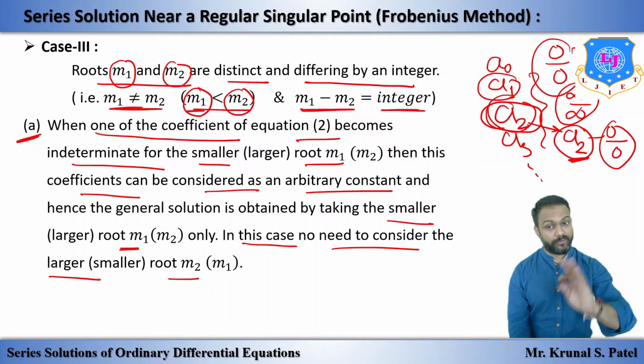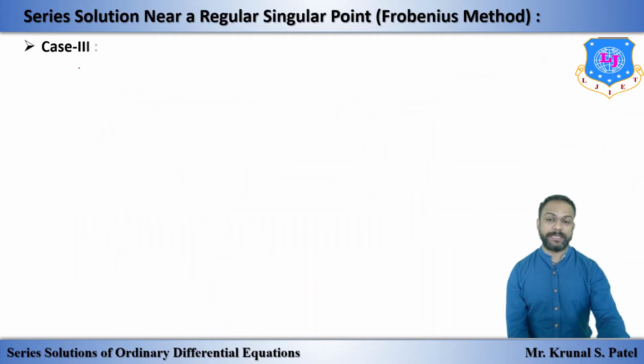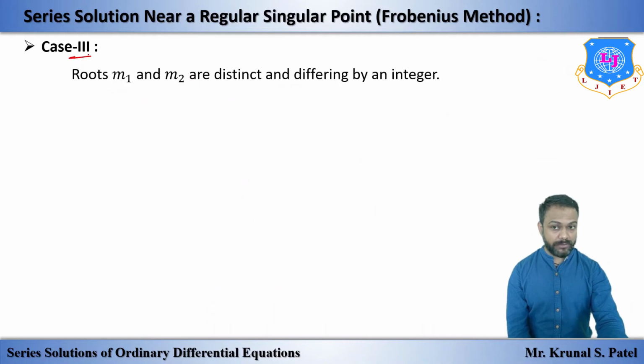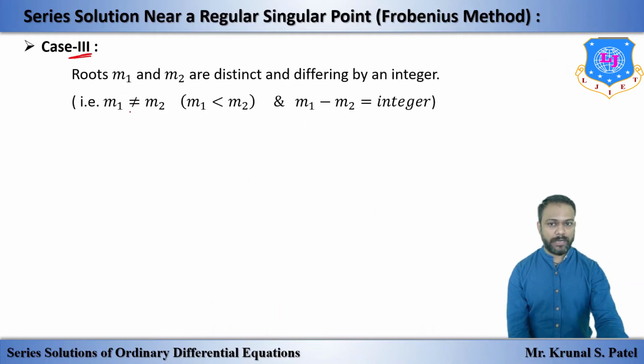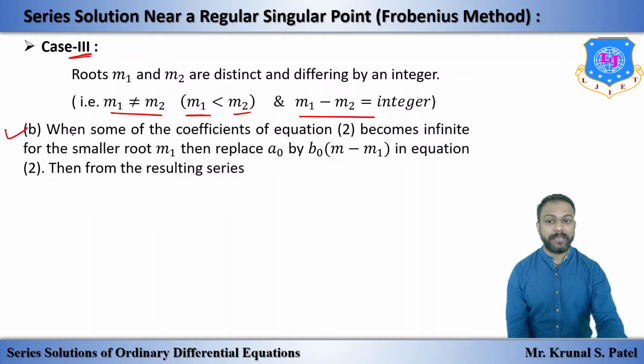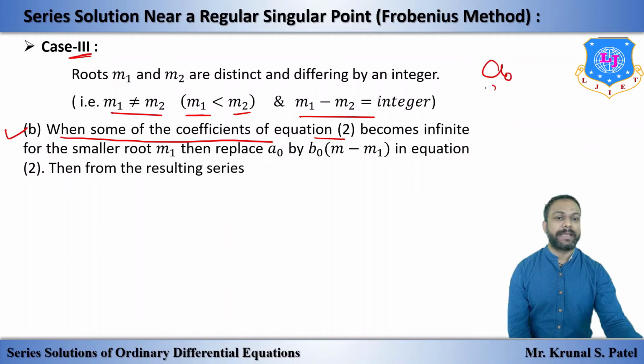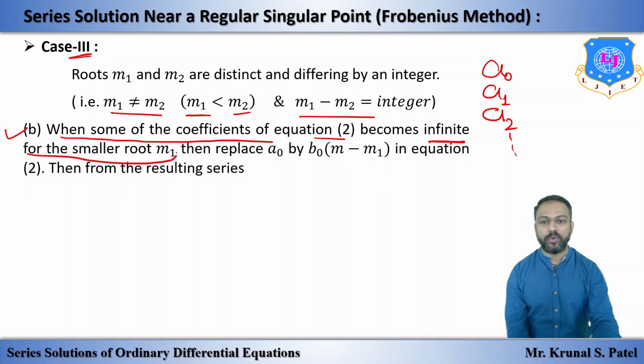In case 3, we have the first logic. Now the second logic, in case 3, same: m1, m2 are distinct and differ by an integer, and we have to consider the smaller root as m1 and m2 is the larger root. In case B, when some of the coefficients of equation 2, that means again same a0, a1, a2 and so on, become infinite for the smaller root m1 only.